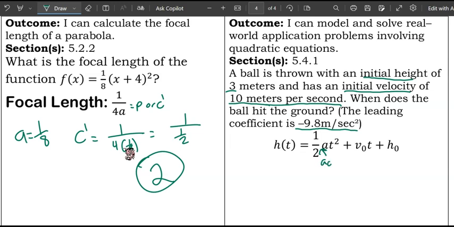So this is acceleration. This is initial velocity. And then this is the initial height. And then the t is the time.